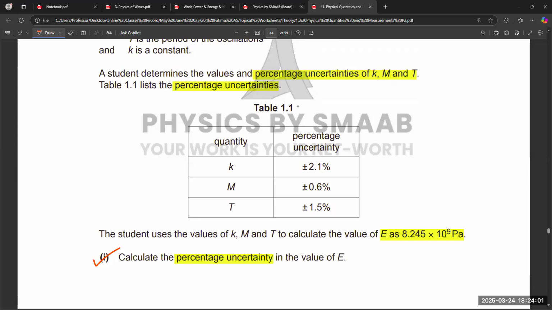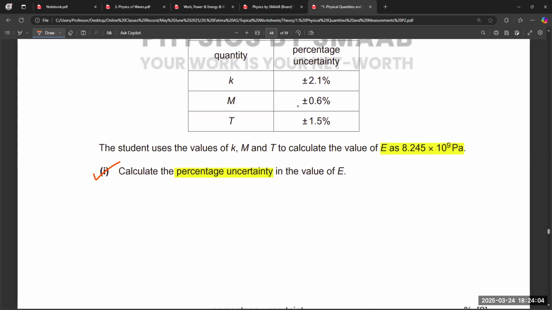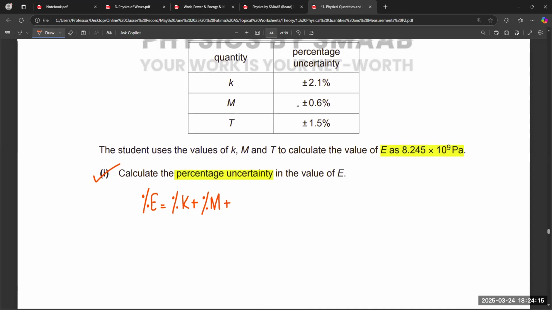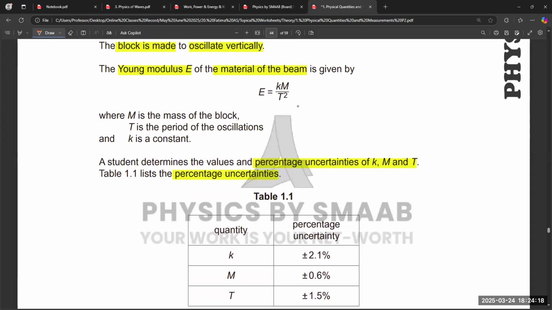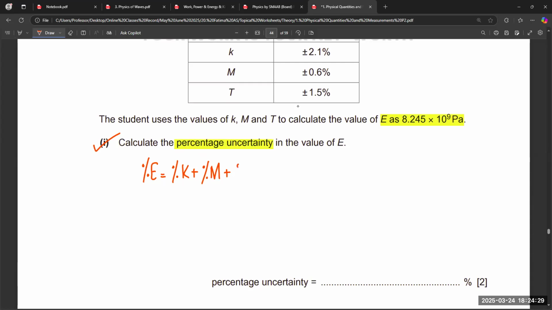So Km over T squared means the uncertainty of K plus uncertainty of m plus, for T squared, 2 times T, because T squared can also be written as T into T. It means 2 times T. So that's why 2 times the uncertainty of T. So K is 2.1 plus 0.6 plus 3, 4, 5, 5.7.